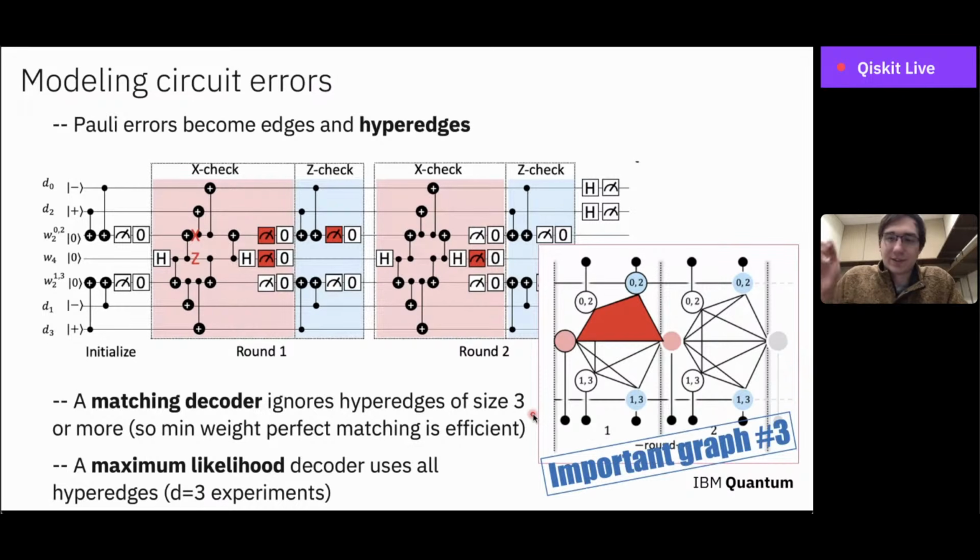So actually, I've been using hypergraphs and graph for this object, so it shouldn't be surprising that this is the most important graph, number 3. Okay, so yeah, a lot of important graphs today.